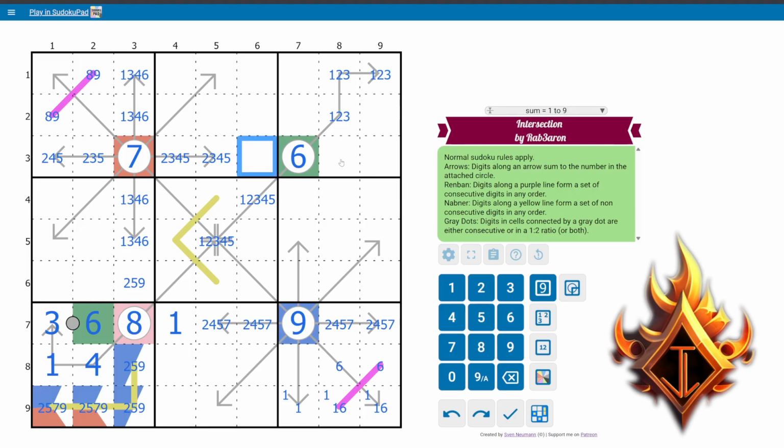There is a 1, 8, 9. But that is now an 8, 9 only. So that becomes 1.